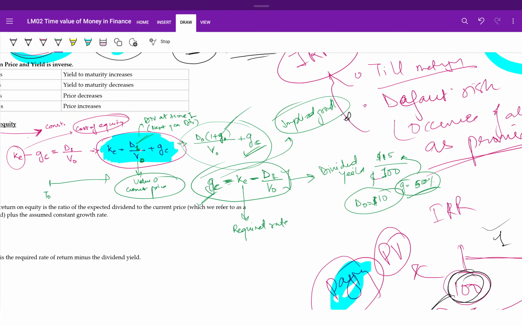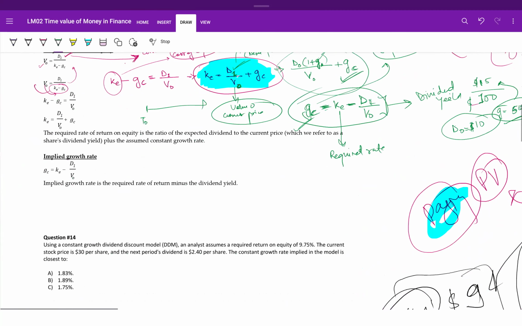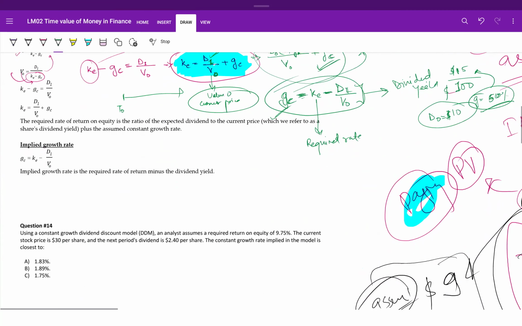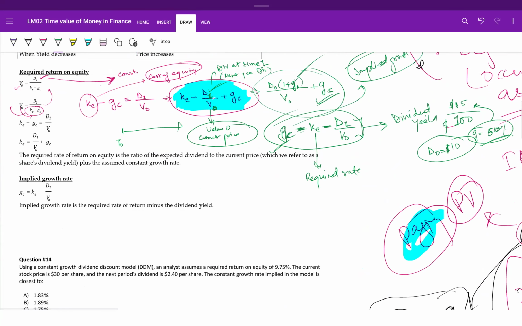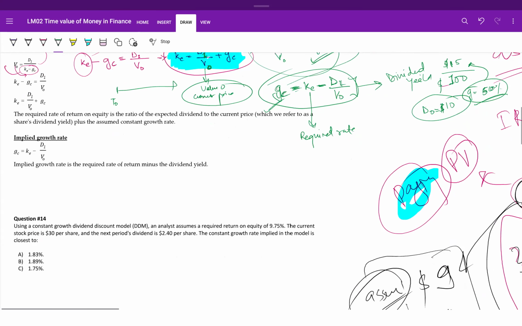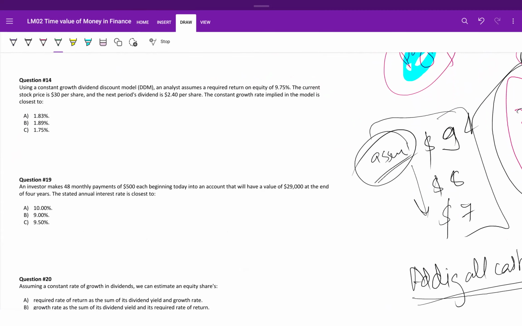Okay, so let's do some questions first, so that we are able to understand what we are going to do. Let's apply this concept now. So question number 14.